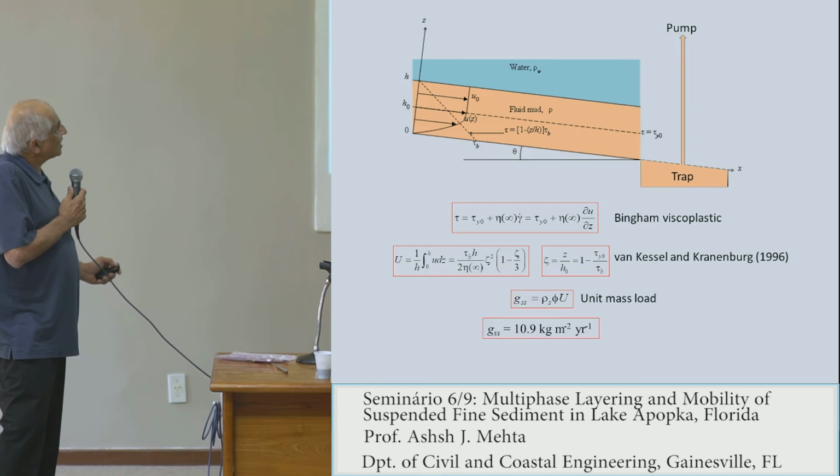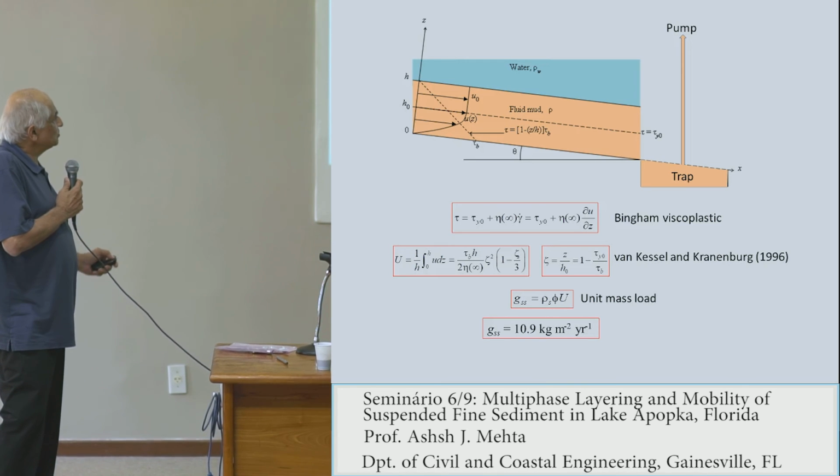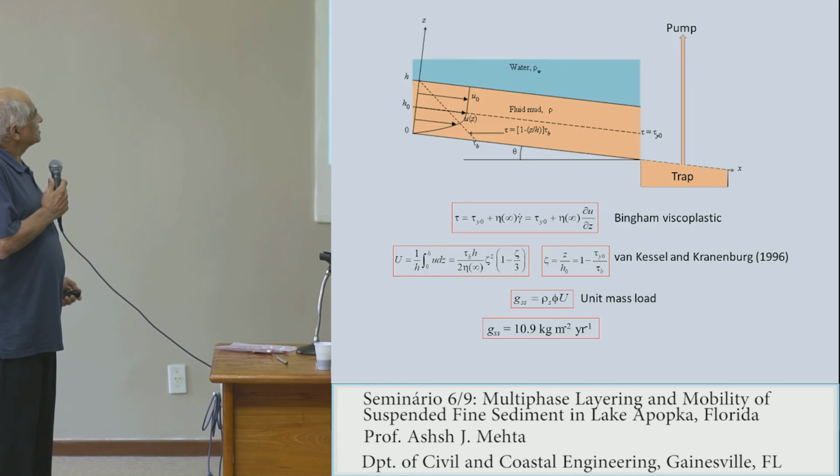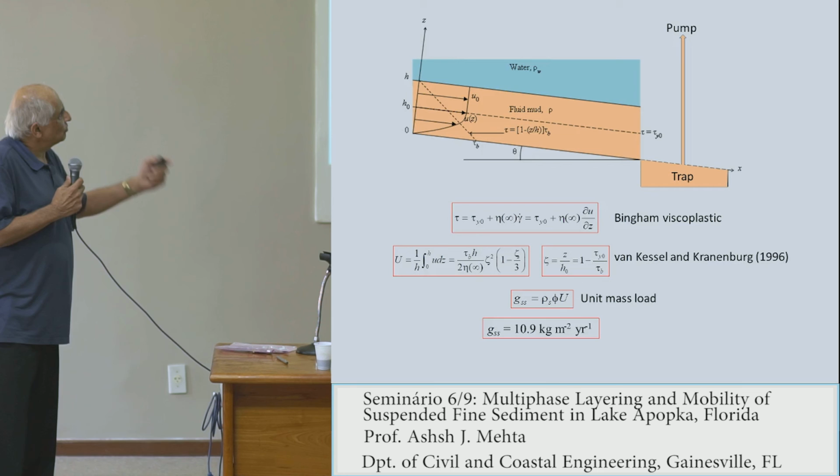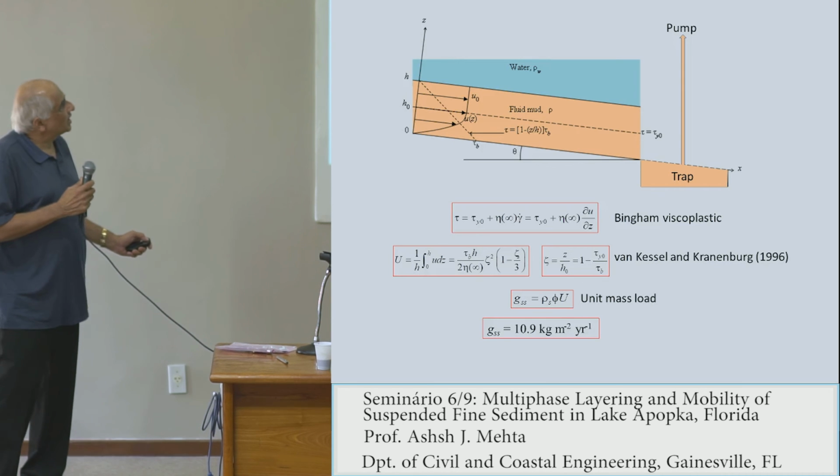So if you have a trap here, you know how big the trap should be if you know how thick the fluid mud is and what its viscosity is, to determine how much trap size you need to catch the sediment, let's say if you want to pump it out every year or something like that.